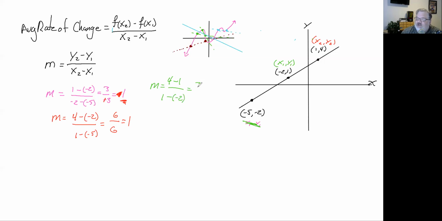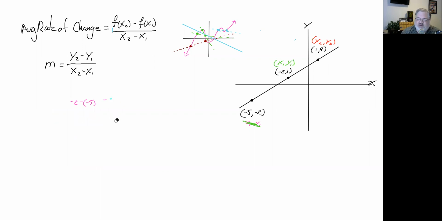So that's 3 over 3. It's still 1. So no matter what those points are, as long as they're collinear, as long as they're on the same line, that slope is always the same. That's, again, what makes a line special, that constant change, that constant slope.